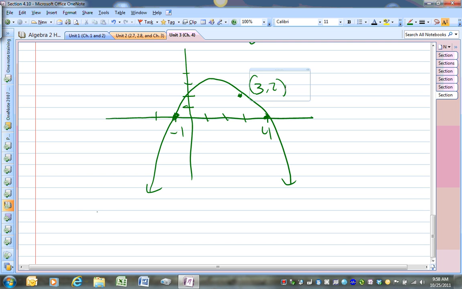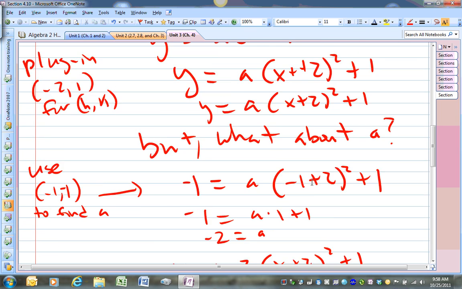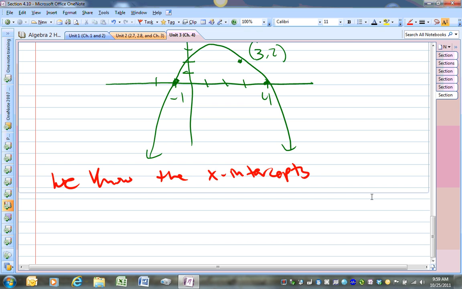So in this case, we know, switch to red for the solution. So we know the x-intercepts. See, for number 1 we knew the vertex. If we know the x-intercepts, let's use intercept form first.